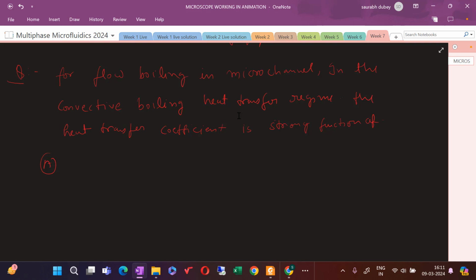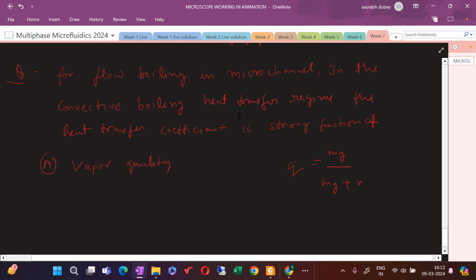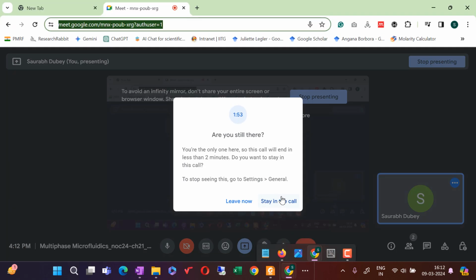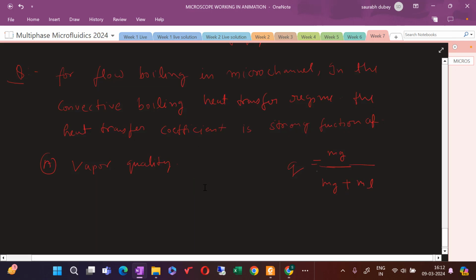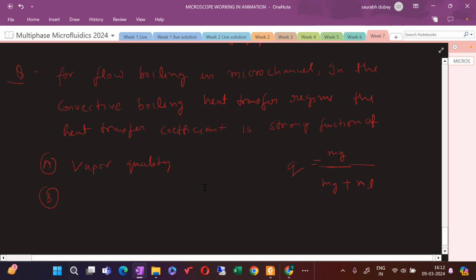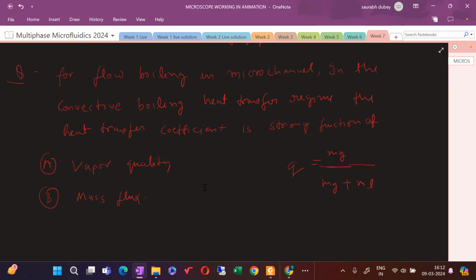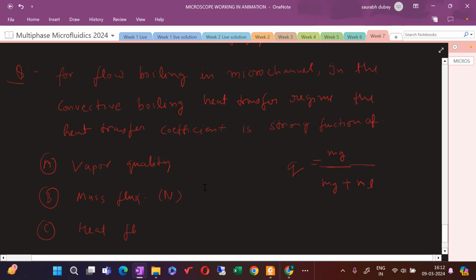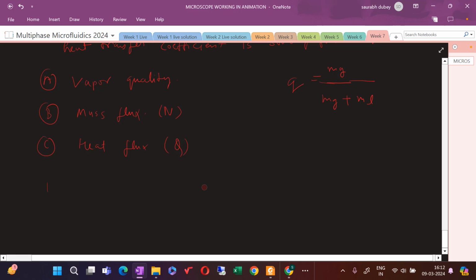so the options are vapor quality, which, if you remember, is the mass of the vapor over the mass of the vapor plus the mass of the liquid. And the next option is mass flux, then sometimes the heat flux, so it's q, and also none.